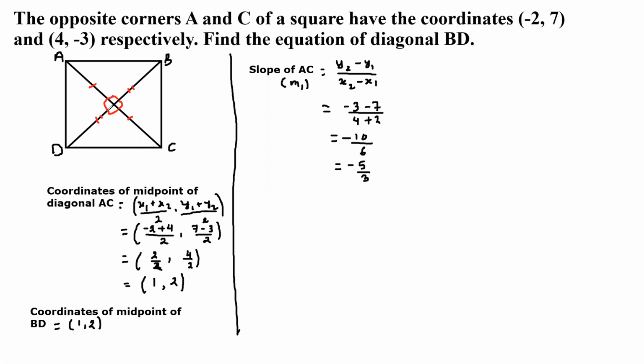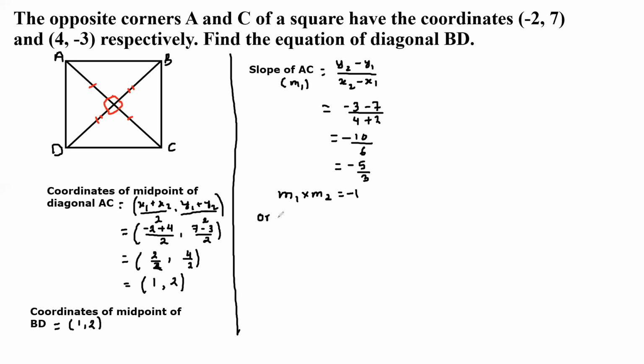Now, since I have already mentioned that diagonals AC and BD bisect each other at right angles, AC and BD are perpendicular to each other, right? Which means I can use the slope relation. We know that when the lines are perpendicular, the slope m1 times m2 will be equal to minus 1. Here, I consider the slope of AC is m1, and let the slope of BD be m2.